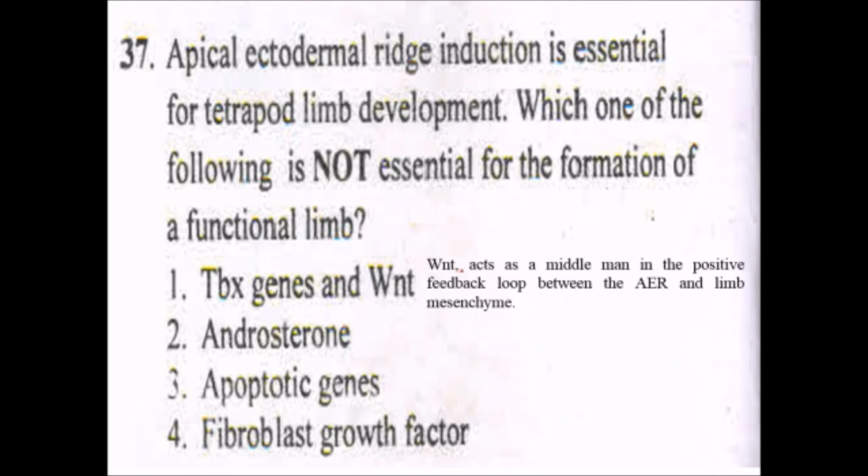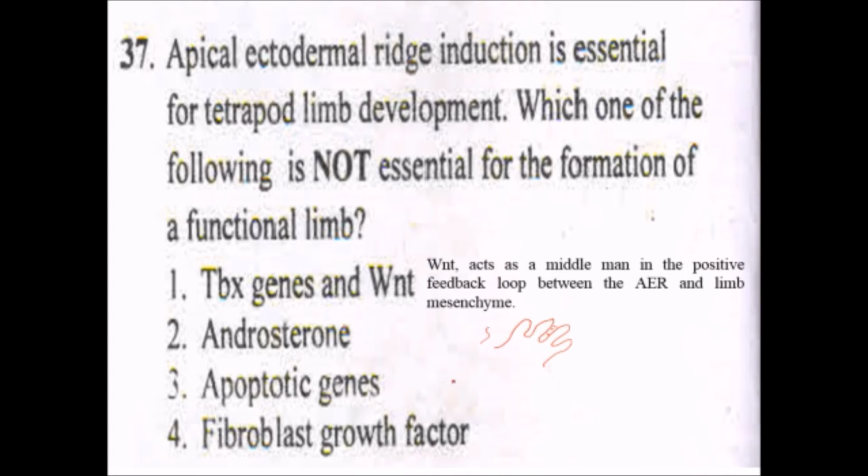WNT acts as a middleman in the positive feedback loop between the AER and limb mesenchyme. Second option is androsterone. I haven't discussed this. And third is the apoptotic gene. Actually, apoptotic genes are required where, suppose this is the limb formation, and during the formation of digits, or you can say the fingers, the cells in between undergo apoptosis to give a digit-like structure.